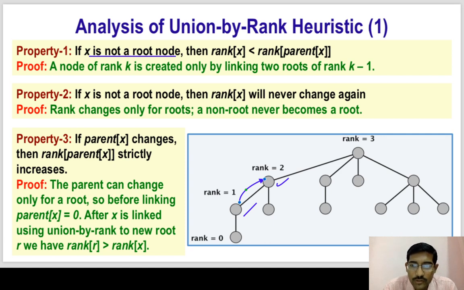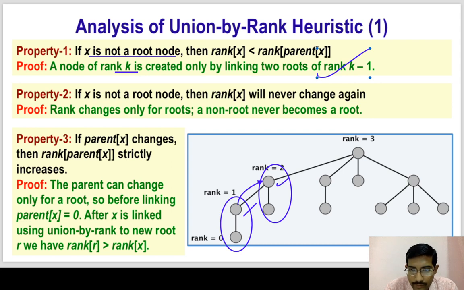This is because such links get created when we make a union of two disjoint sets. This kind of link only gets created when we made the union of this set with this first set. Now when we create such a link, a rank k is created by linking two roots of rank k minus 1.